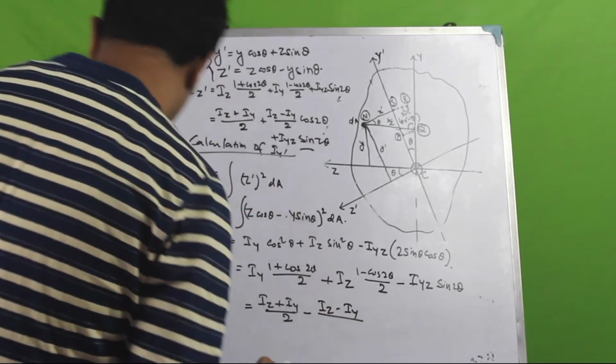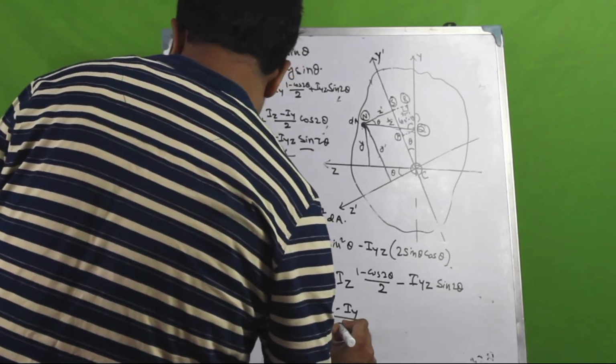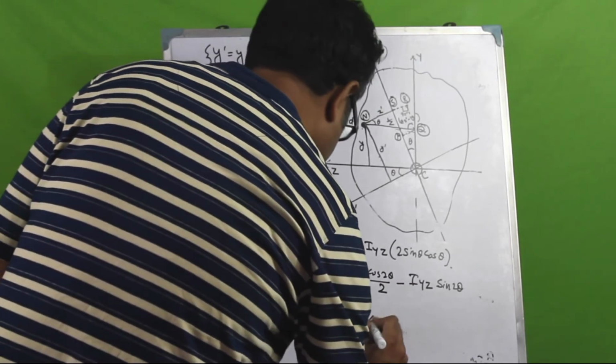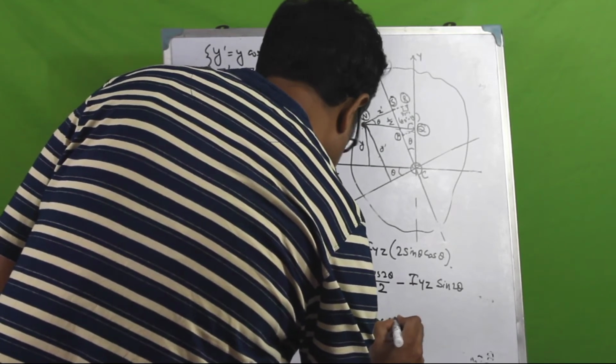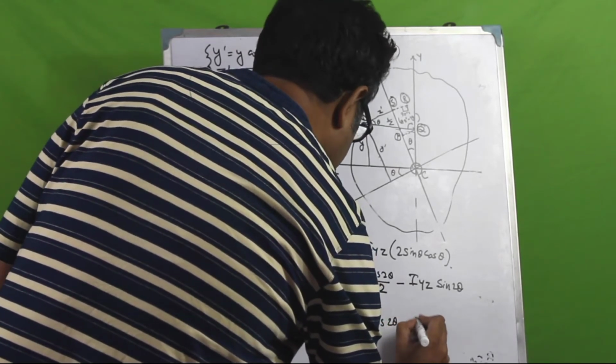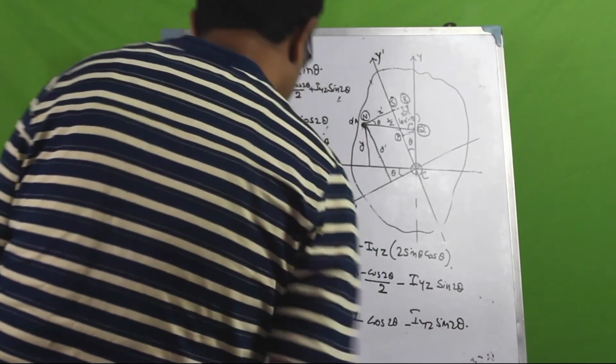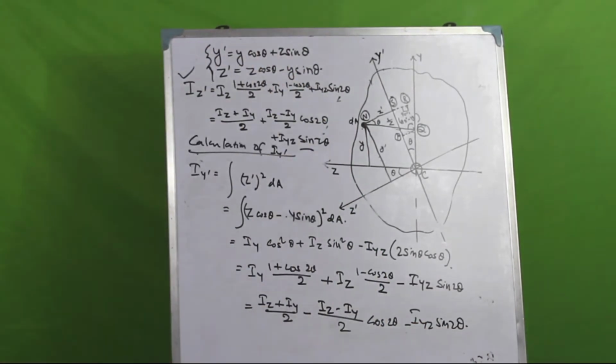So rearranging this term, we can get cos 2 theta minus, so this is the calculation of Iyz.